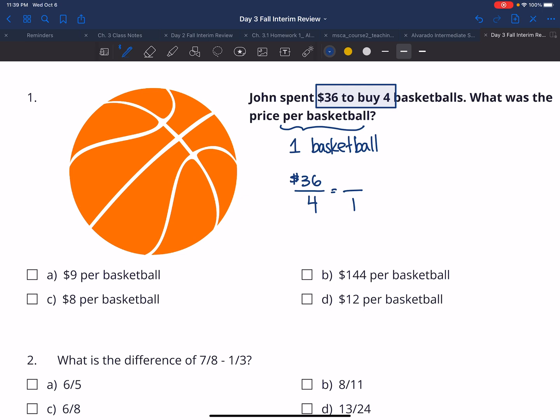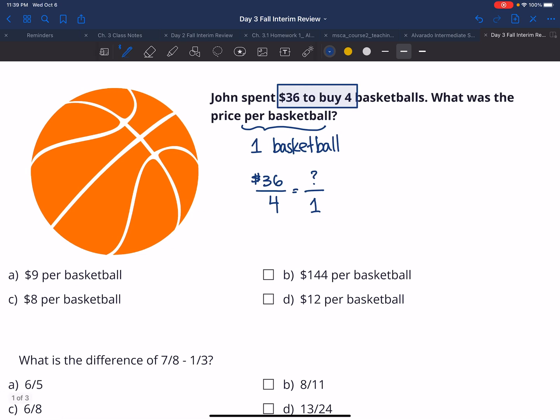Well, if this is 1 basketball, how much money would that be, right? That's also setting up a ratio, or the other way to quickly figure this out is just writing 36 divided by 4, which is $9 per 1 basketball. It's $9.